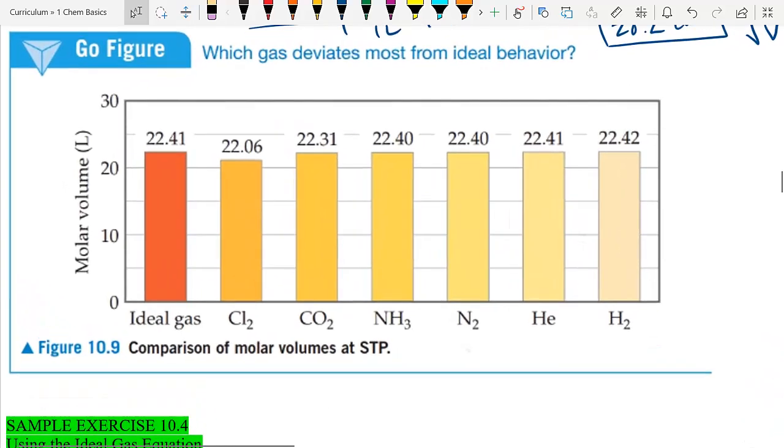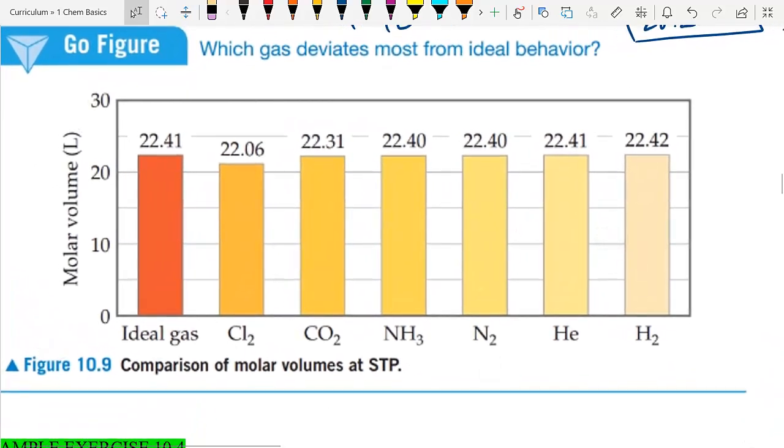Which gas deviates the most from our ideal behavior? Remember, 22.40, right, for 1 if rounded. This is our ideal gas value. So you've got chlorine that is a little bit lower than the expected value. Carbon dioxide, a little bit lower, but pretty close. Ammonia, just about perfect, as well as nitrogen and helium and hydrogen.